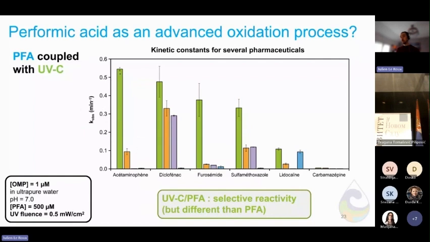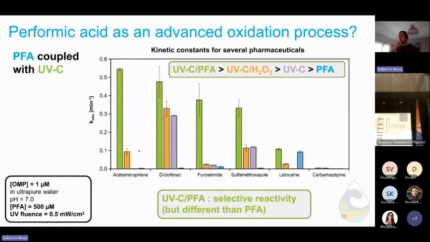In green, you see the reactivity when you couple UV photolysis with performic acid, and it's much more reactive. Performic acid only is in blue, you can barely even see it, and in orange it's with UV H2O2, UV peroxide. So UV PFA is even more reactive than UV peroxide, UV alone, or performic acid.